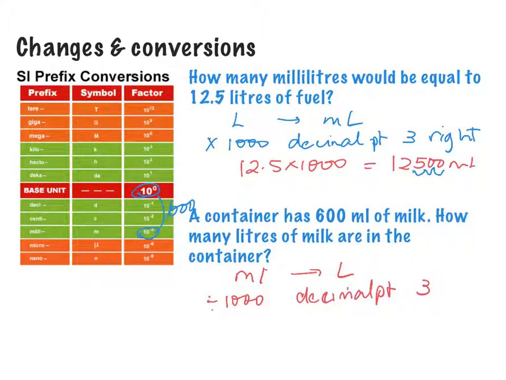It moves left by 3 spots, because that's the difference between a ml and a L. So we go 3 left. I've got 600 divided by 1000, which is equal to 0.6. So 0.6 L. Alright, I hope that helps, and I hope it makes it easier for you to understand what's going on.